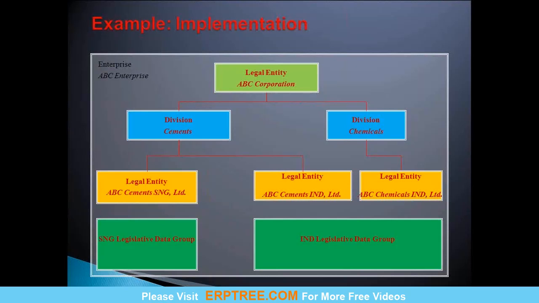These product-wise businesses are identified as divisions in the Fusion applications, and those divisions may be operating in multiple countries. So this customer may have cement plants in Singapore and India, and chemical factories in India.